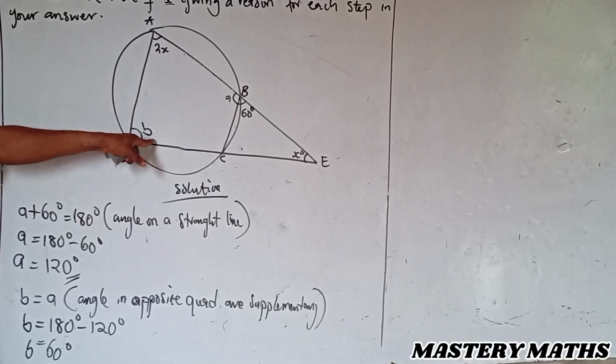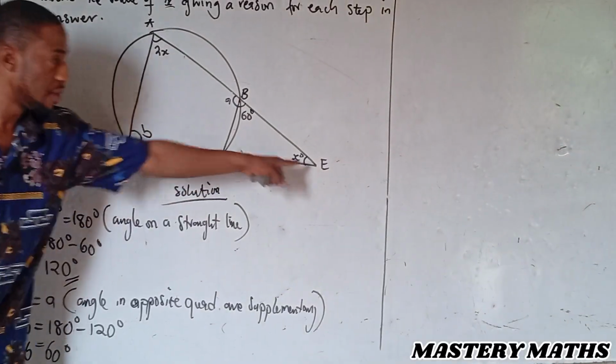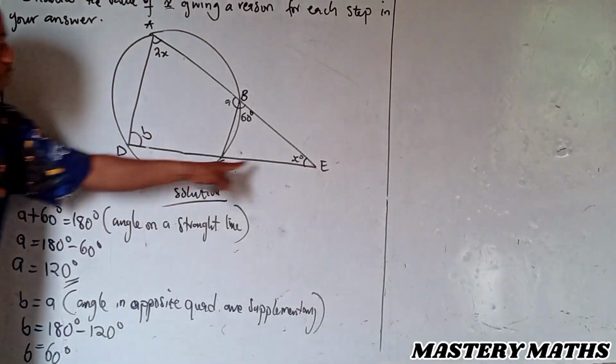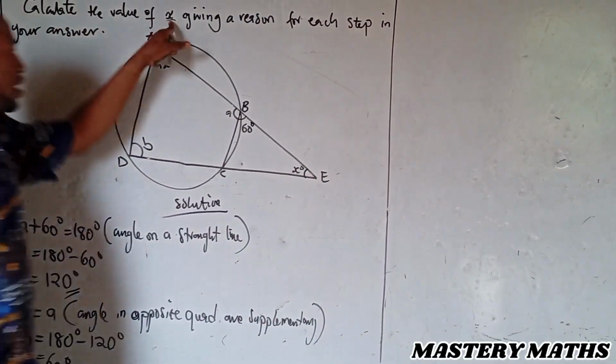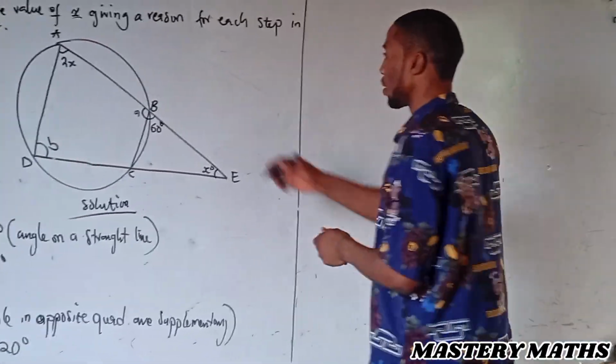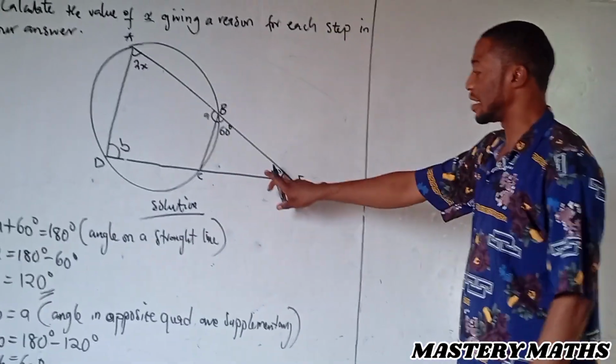Now, since we've gotten the B, we've gotten all the triangle's angles complete. It is time for us to calculate for the x. To solve for the x, it will be 2x plus this B here plus x here.